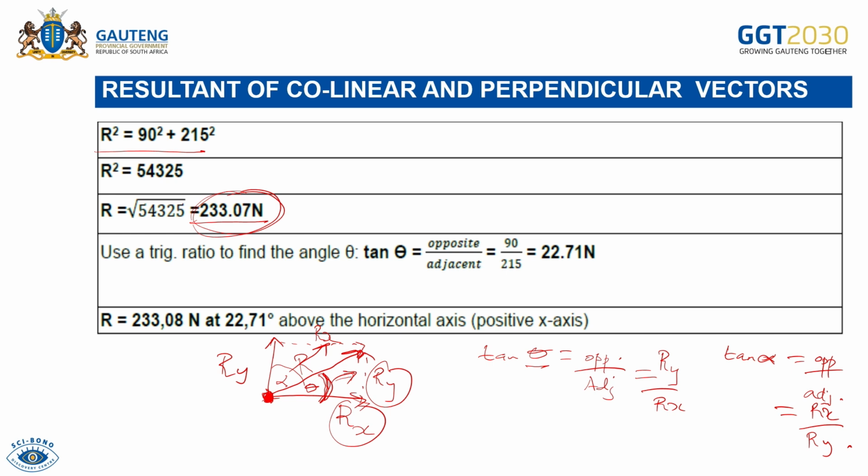Then, what is your Ry here? Your Ry, what is the magnitude? It is 90. And then your Rx is 215. So 90 divided by 215, you are looking for theta, right?